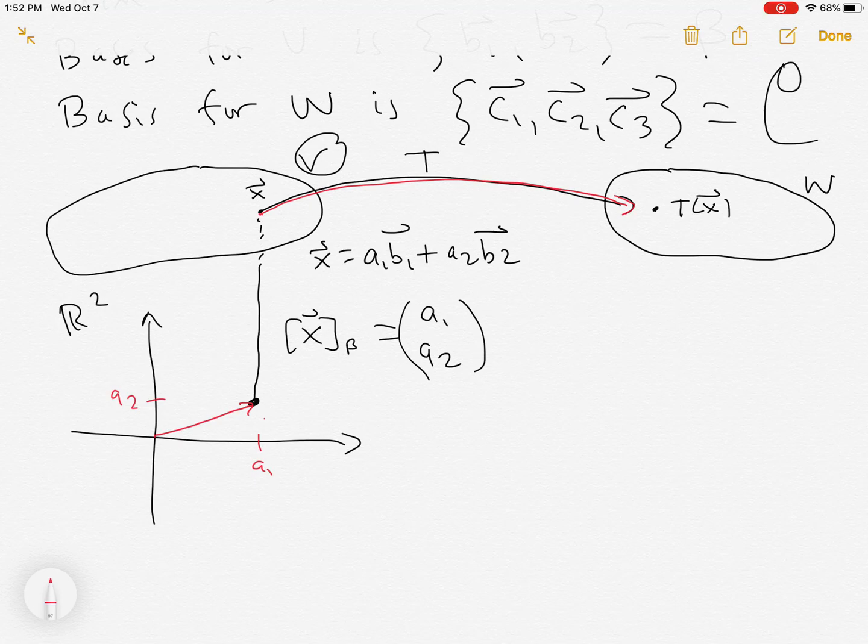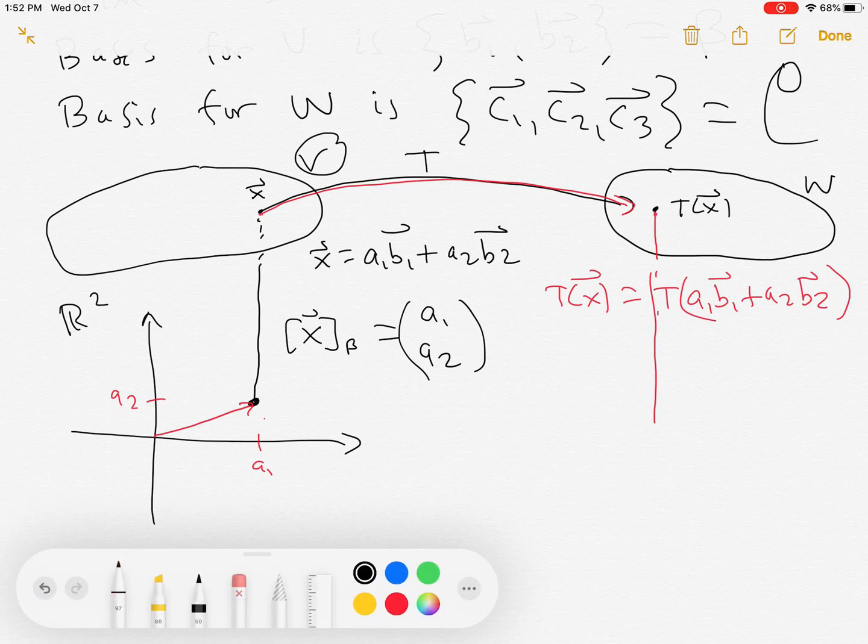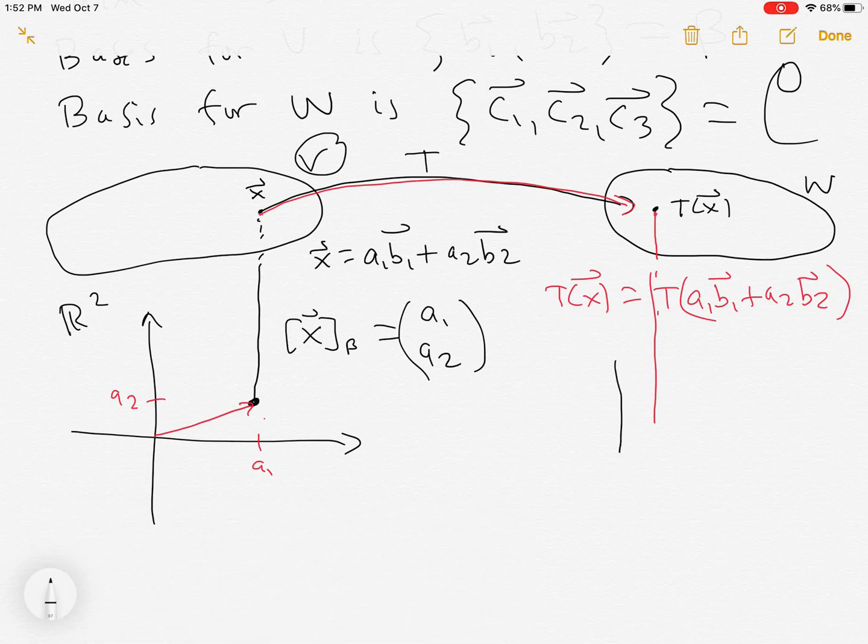Okay, so let's see what happens over here. What's T of x? T of x is T of a1 b1 plus a2 b2, because that's how we defined it. And whatever that vector is, it gets mapped down here, and in this case it's being mapped to R3, because the dimension is 3.